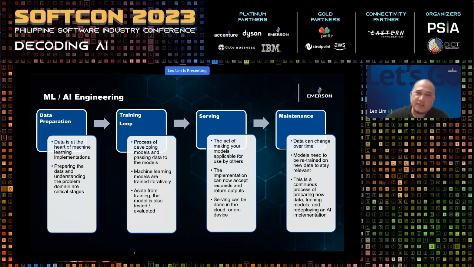So the start is the data preparation. Again, machine learning needs lots of data, right, to be accurate, to have really good results. And as the name suggests, machine learning is really just code or algorithms that learn from data. So it needs data to be fed into it to be more accurate.